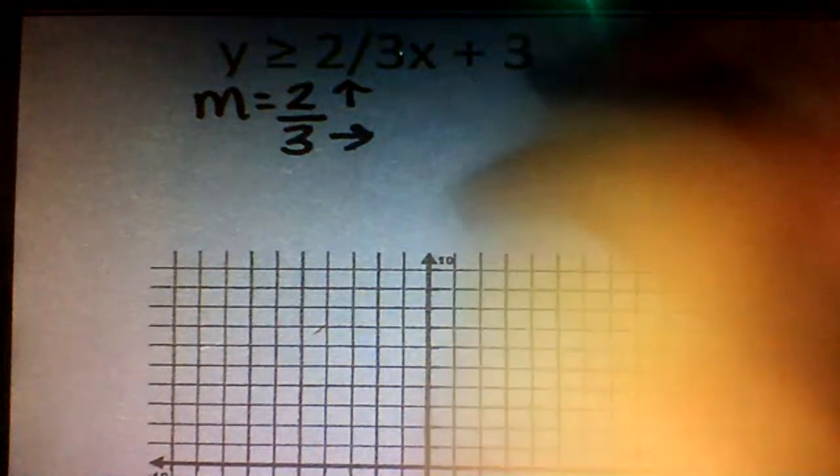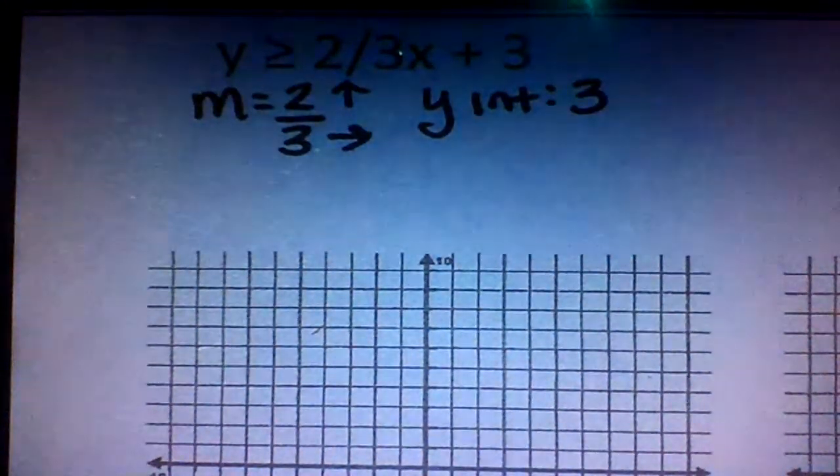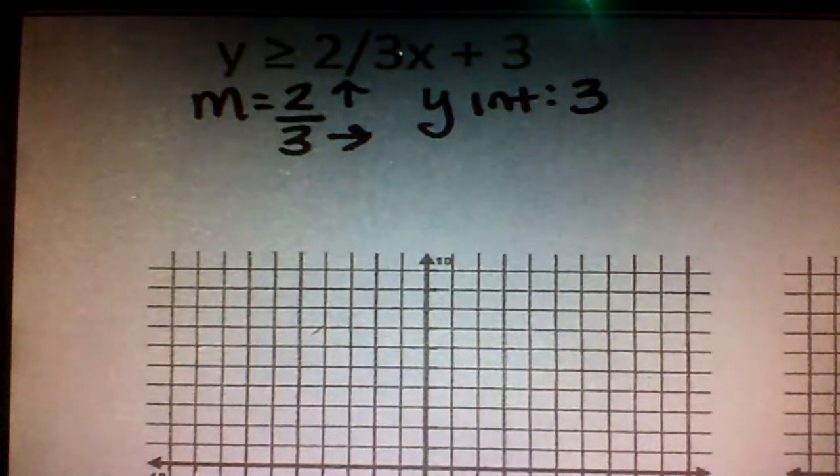What is my y-intercept? +3. Before we go to graph, should this graph be a dotted or a solid line? It's greater than or equal to, so that means this is a solid line.